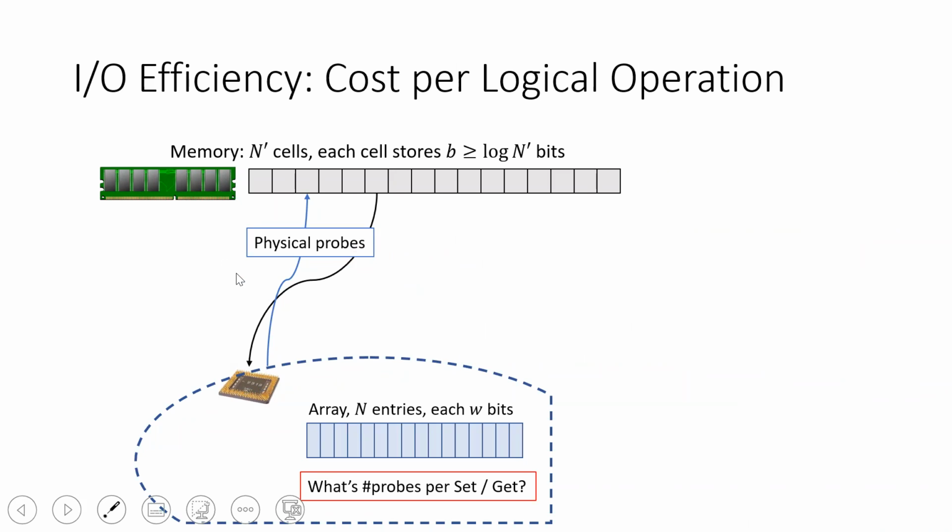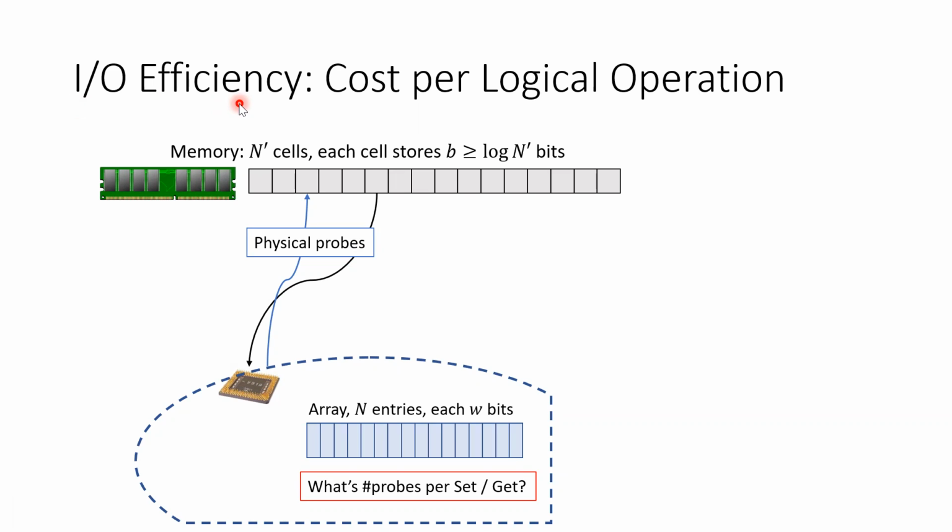And before I talk about the lower bound, I have to first quantify what's the property or metric I want to lower bound. This is a new terminology to some people called the I/O efficiency, but it's nothing new.